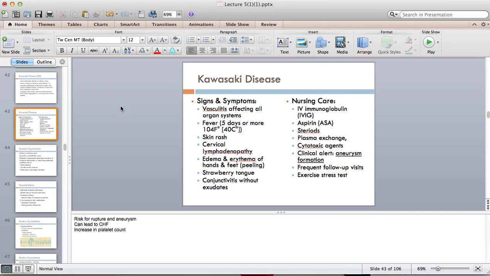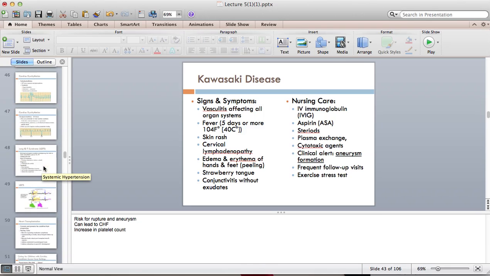Remember when we talked about conjunctivitis, we said that the eye is swollen and red and has some purulent discharges. Same thing will present here, but there will be no discharges from the eye.